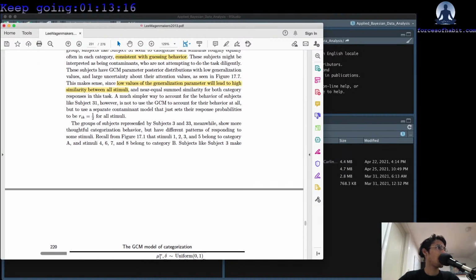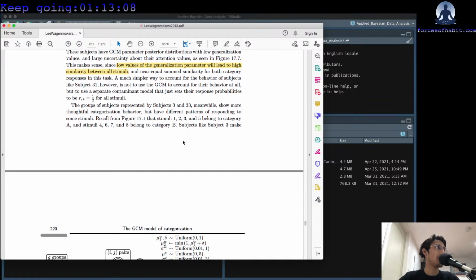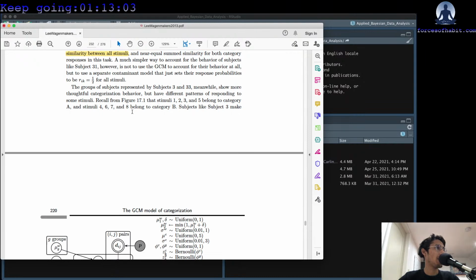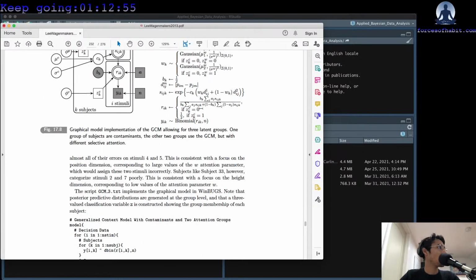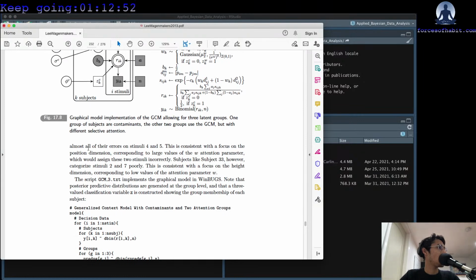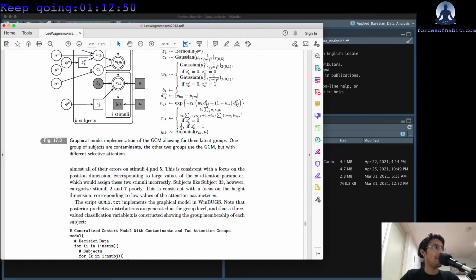The groups of subjects represented by subject 3 and 33, meanwhile, show a more thoughtful categorization of behavior, but have different patterns of responding. Here it's telling us which stimuli are associated with each of the categories, which we saw above. Subject 3 makes choices where almost all their errors are on 4 or 5. That makes sense because across the sample, people tended to make errors on stimuli 4 and 5, those 2 middle stimuli.